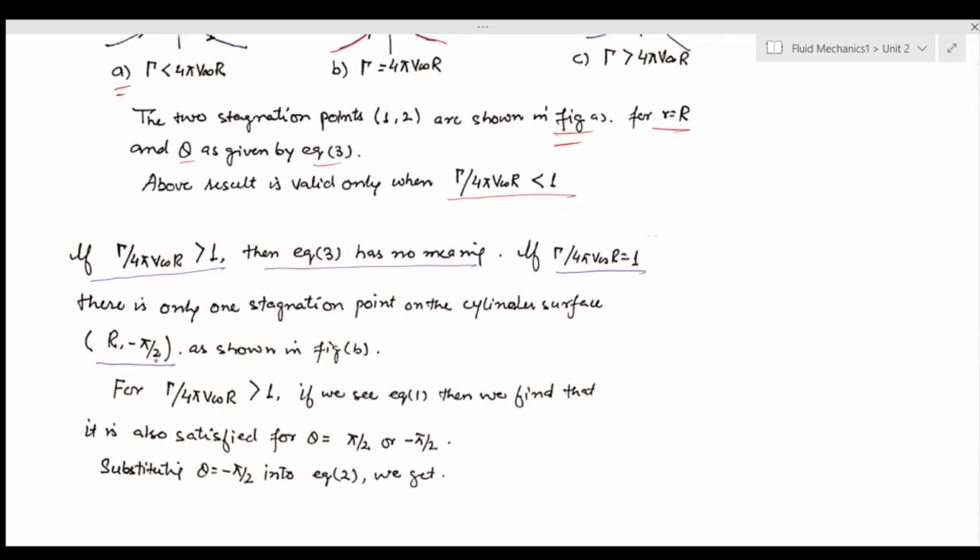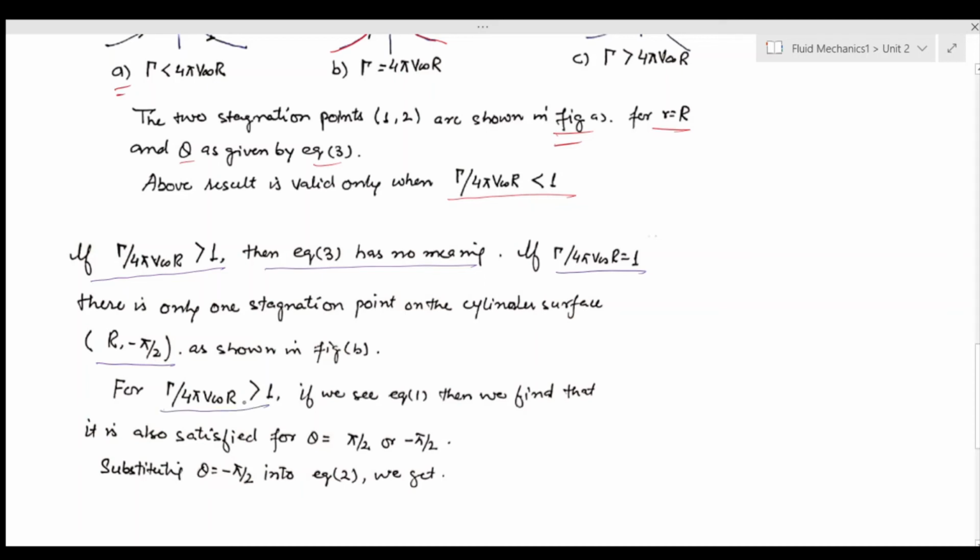Radial location would be capital R, and theta location would be minus pi by 2, which is shown in figure B.